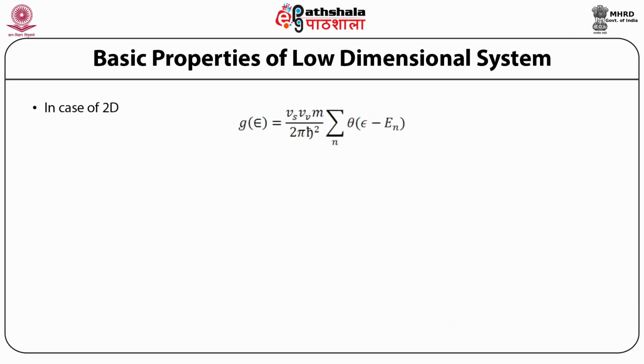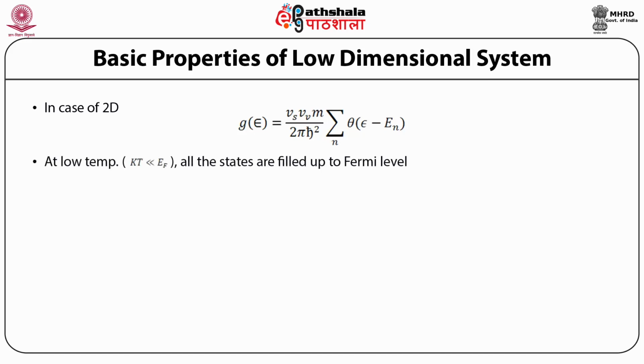In the case of two dimensions, G(ε) = νs νv m/(2πħ²) multiplied by the summation over n of θ(ε − En).